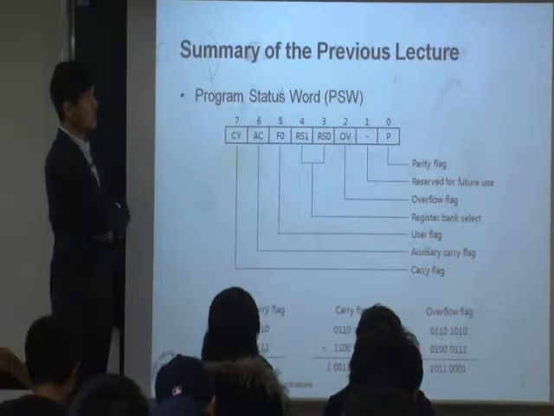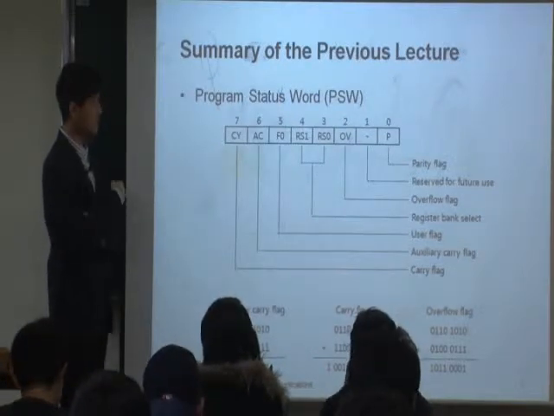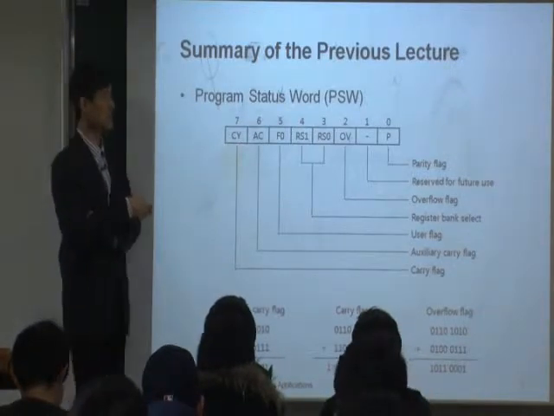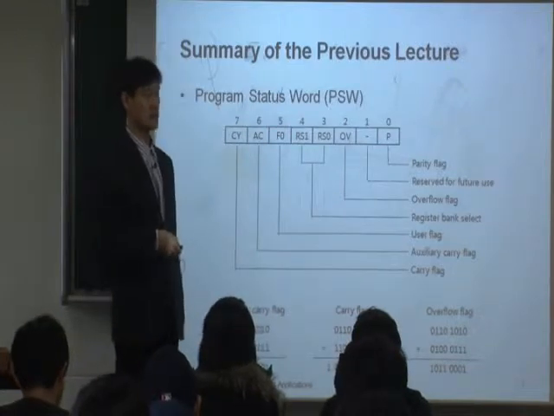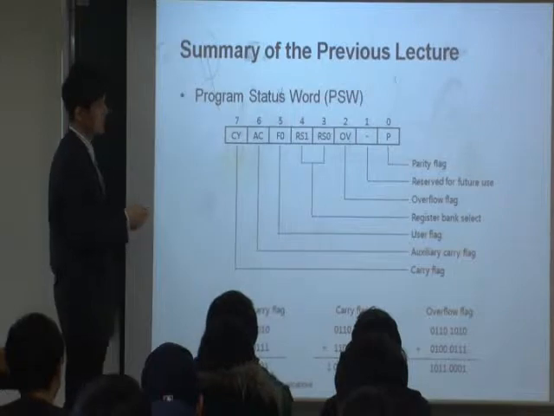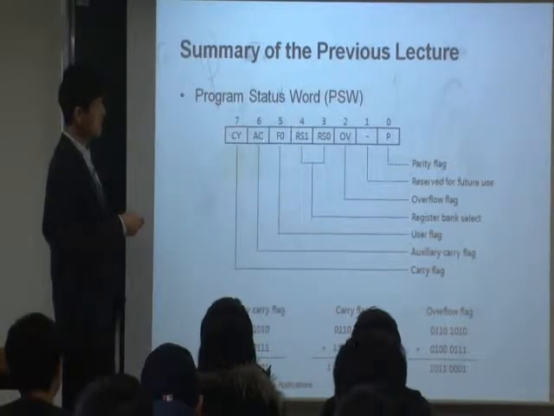Okay, I think we spent a lot of time here explaining, right? There's a register called the program status word. This particular register basically tells you the condition of the processor. So what conditions do we have? First of all, carry. Carry is one of the conditions. Auxiliary carry, this is not used.